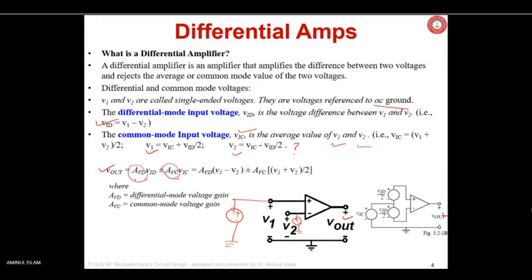So V out can be written as AVD into VID plus or minus AVC into VIC, where VIC is the average value.